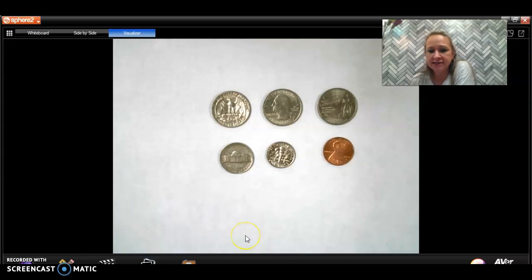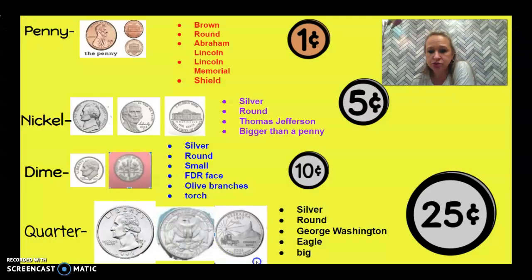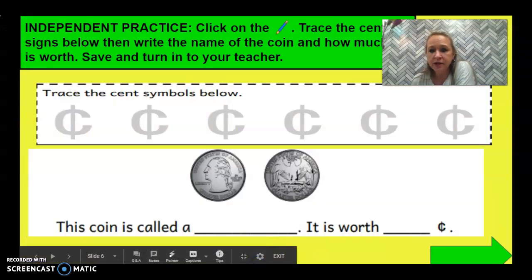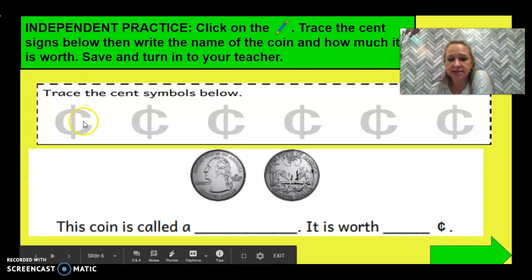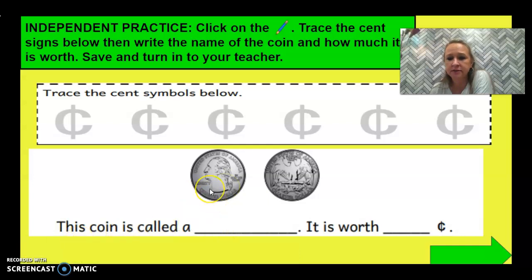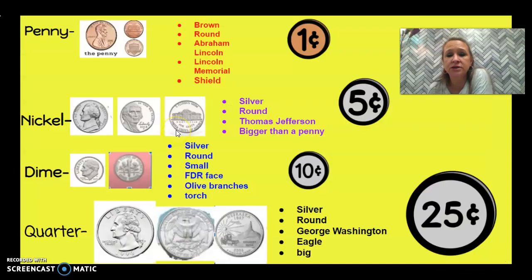Okay, so let's go back and practice some quarters. For your independent practice today, you're going to trace the cent sign some more. Then you're going to tell me what this coin is called. This coin is called a, what is it? A nickel? A dime? A quarter. It is a quarter. If you do not know how to spell quarter, you can go back and look at our anchor chart.